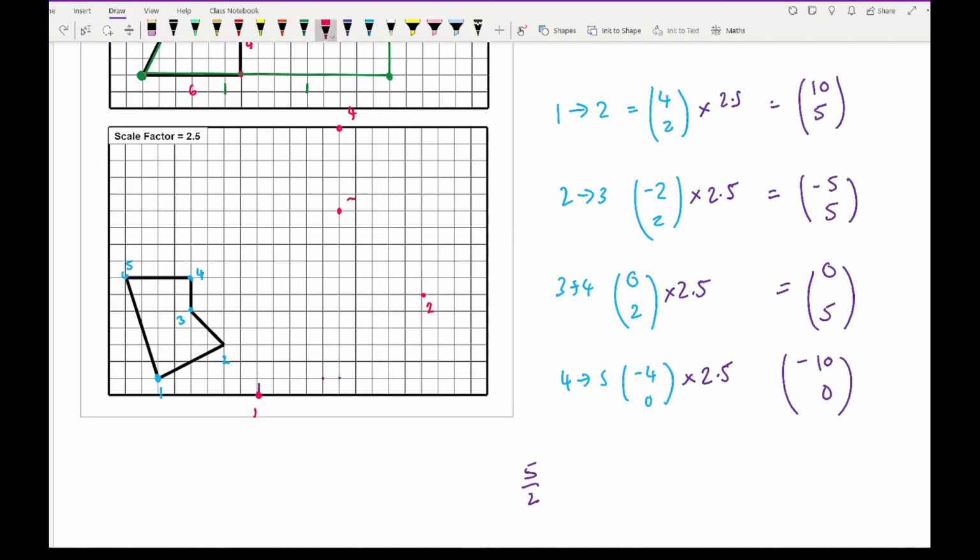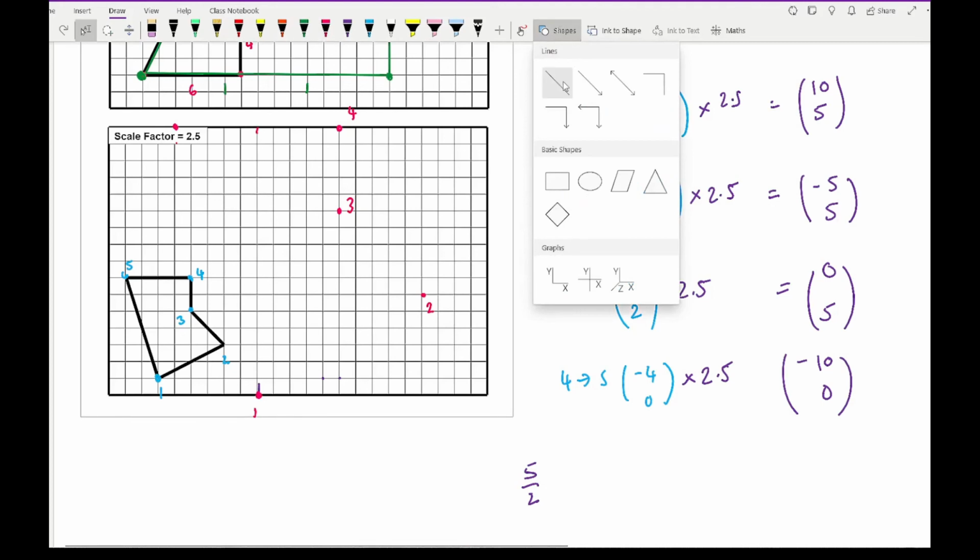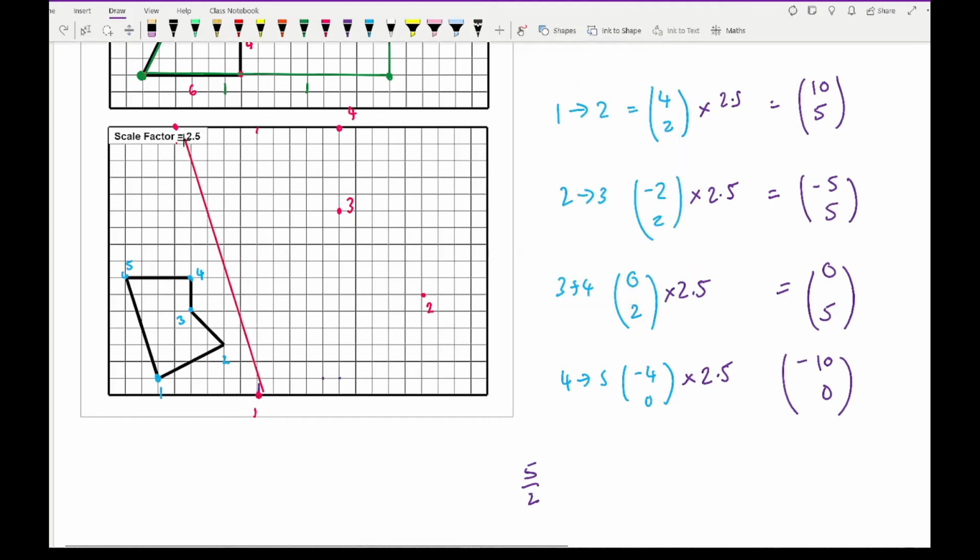Let's get a pen. And then from 4 to 5, I need to go minus 10. So that's 5, and then another 5, and then I just need to connect those points up. So again, making full use of this grid, we get something that looks like this.